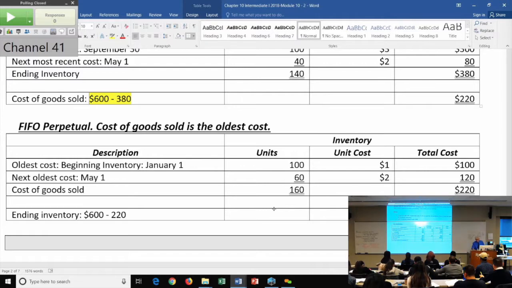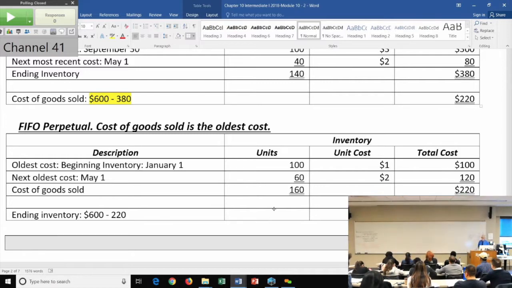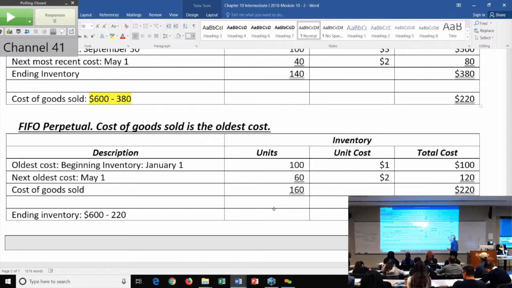So if we go back and look at the result, we'll find we get the same result we had before, so that the perpetual will give us an inventory of 380 and cost of goods sold of 220, exactly as we had it before. Just a different perspective. So for FIFO, you get the same result.